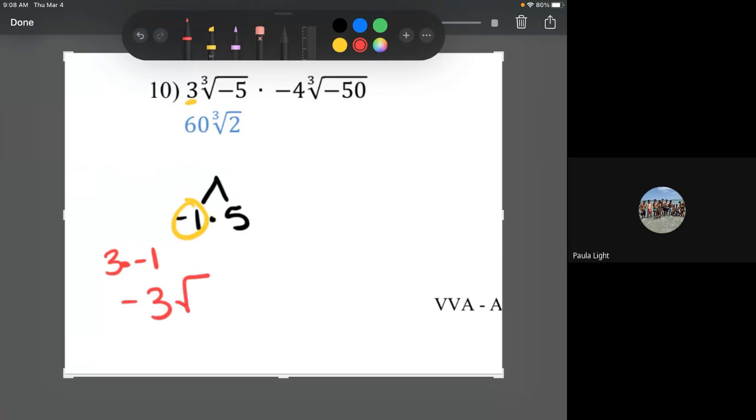Radical. Oh, shoot, I broke it down first. That's fine. He taught you the different way to do it. I broke it down. I'm going to break down the negative 50 as well. I'm just going to go this route. And I'm going to pull out the negative 1 to multiply to the negative 4. Negative 1 times negative 4 is a positive 4.